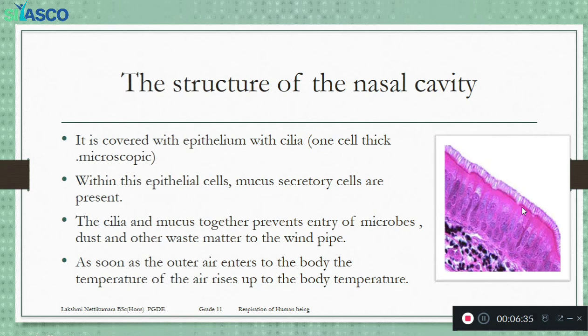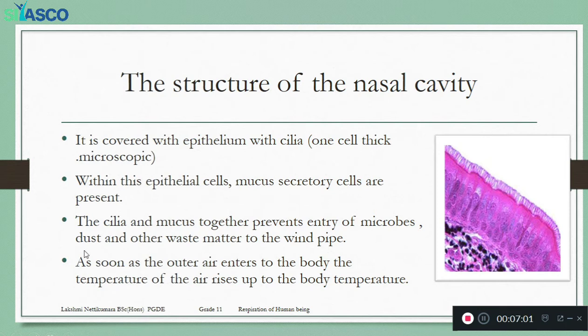You cannot touch and feel them, or see them with your naked eye. This whole thing is microscopic. And within this epithelium, mucus secretory cells are also present.